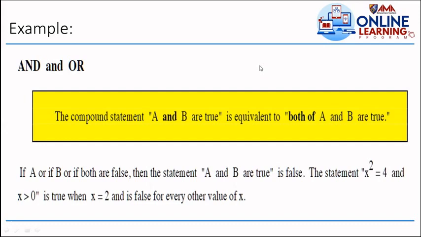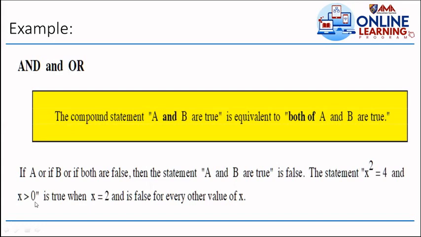Okay? So dito, if we check on our statement A, x squared is equal to 4, and x is greater than 0 is true when x is equal to 2. Okay? So pag check po natin siya dito, so substitute, 2 squared is equal to 4, which is true. And also, in your statement 2, x is greater than 0 because when x is equal to 2, which means your 2 is greater than 0, which is also true.